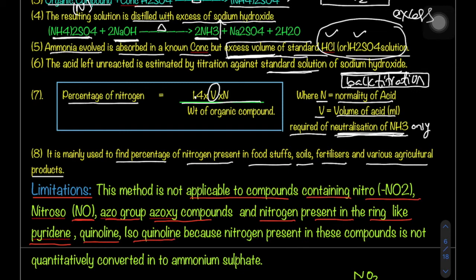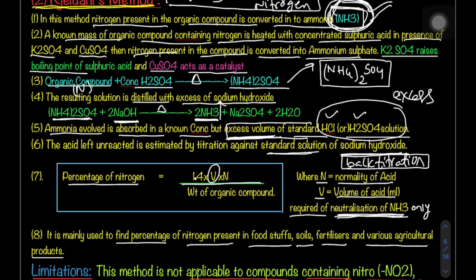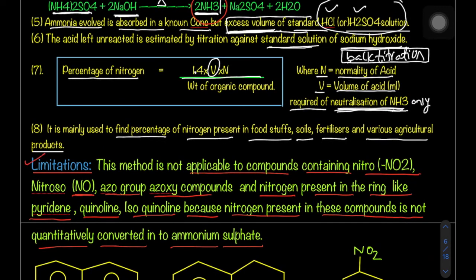For these compounds, the Kjeldahl method is not applicable because nitrogen present in these compounds is not quantitatively converted into ammonium sulfate. Once ammonium sulfate is not obtained, how will ammonia gas be obtained? Are you getting my point? If ammonia gas is not obtained, then how can we find the percentage of nitrogen? So this is not possible.